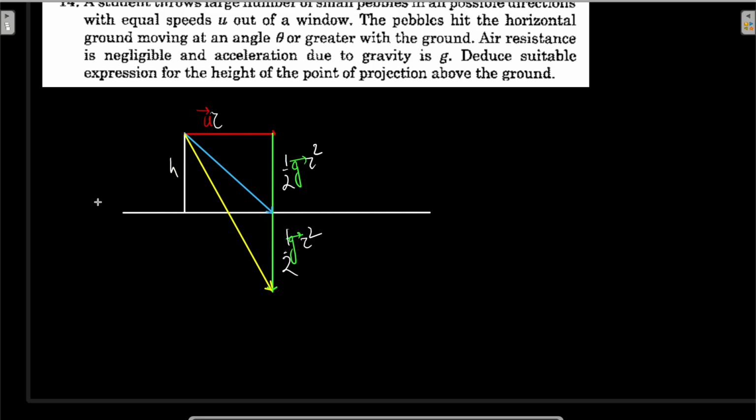Okay, so for the triangle, I'll name the triangle first. For triangle A, B and C, let's mark this D, this as O, triangle ABC. So this angle is theta, so this one should also be theta.